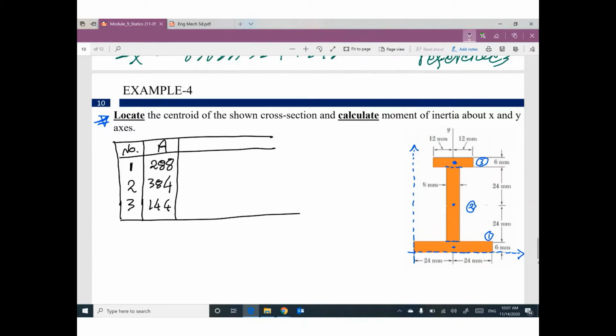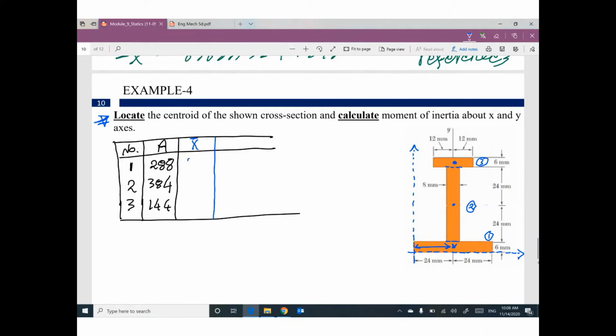Third column will be the horizontal distance of each part relative to the vertical reference. Let's start. Part number 1, what is the horizontal distance between the centroid of this part and the vertical reference? What is this distance?